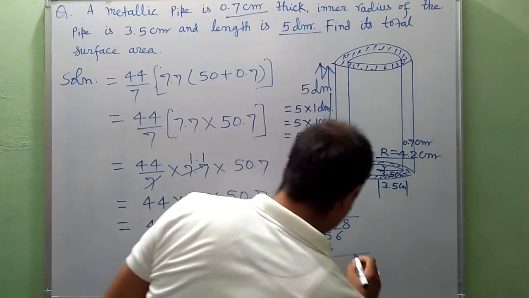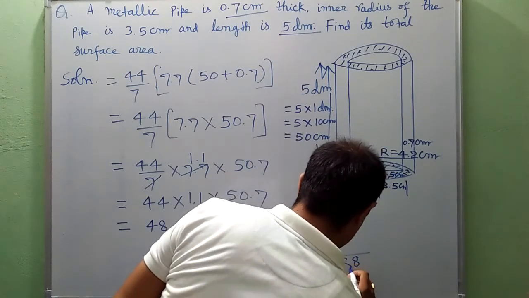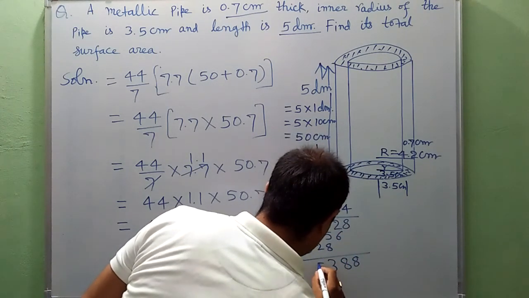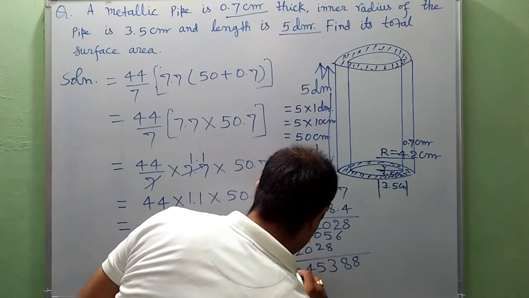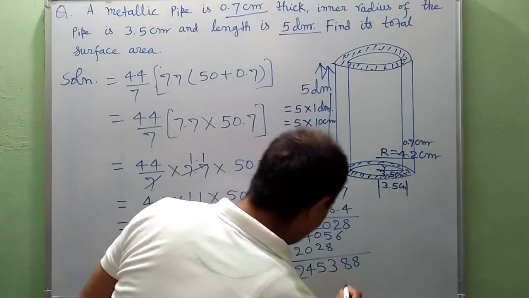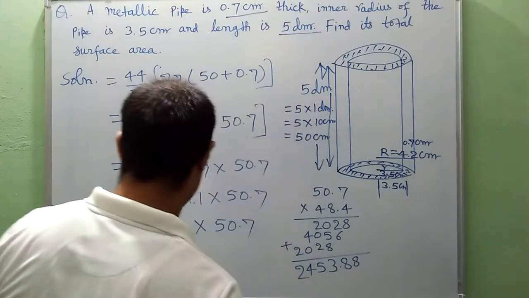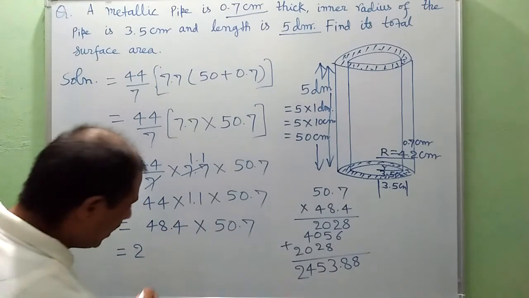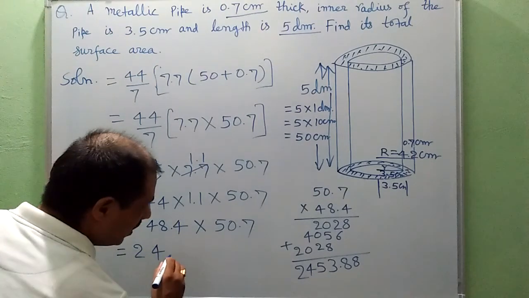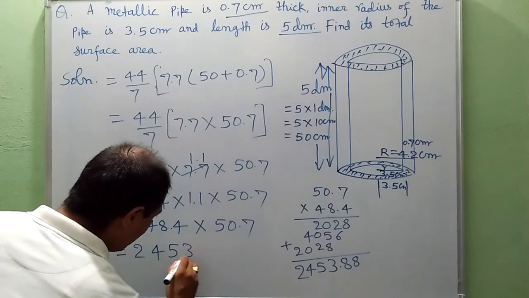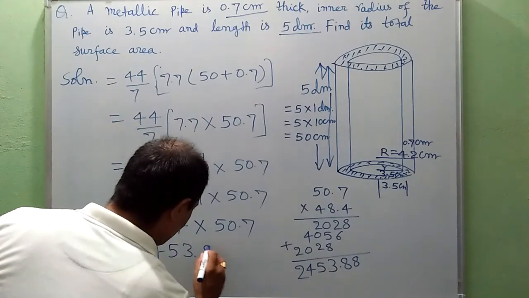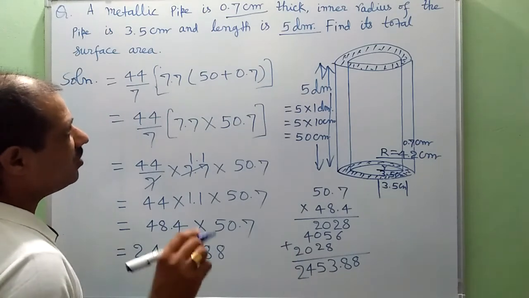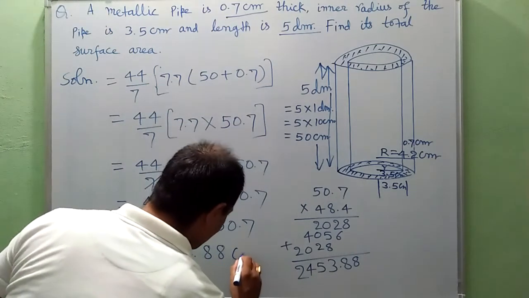Add all these. One decimal will be for 2 digits. It will be 2453.88, and this is total surface area, and as we know, unit of area will be cm square.